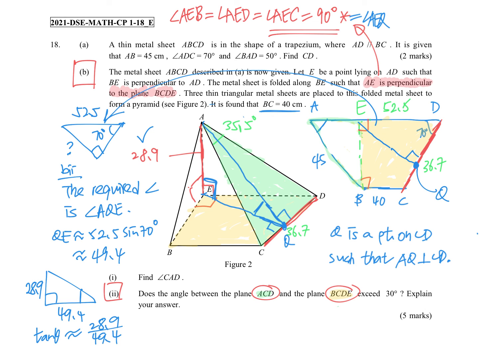Nice. So the final answer is that theta would be 30.4 degrees, slightly bigger than 30. So the required angle exceeds 30 degrees. And that's all for this whole problem. Thank you for watching.